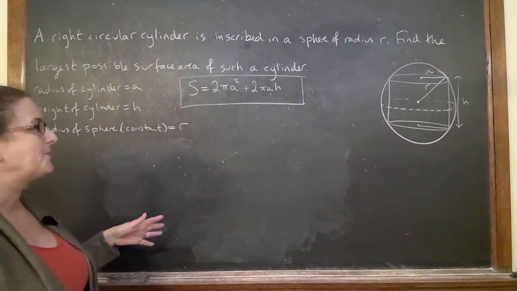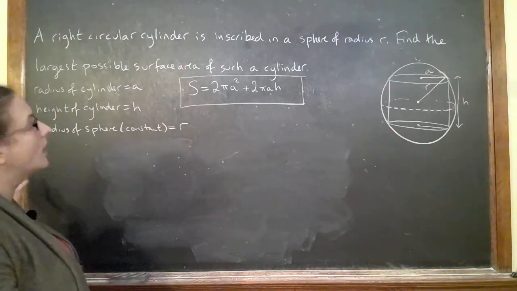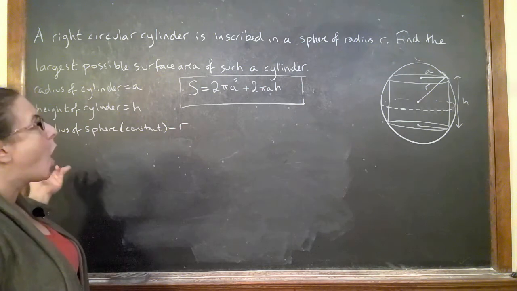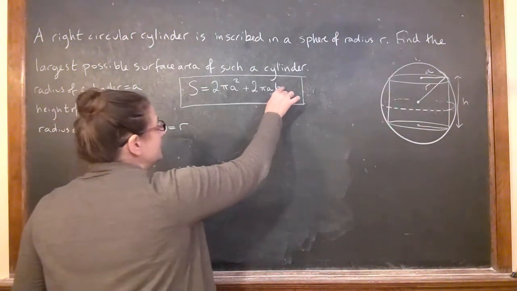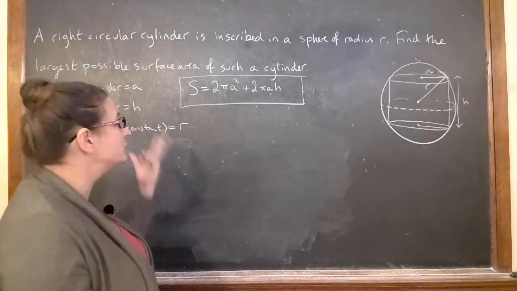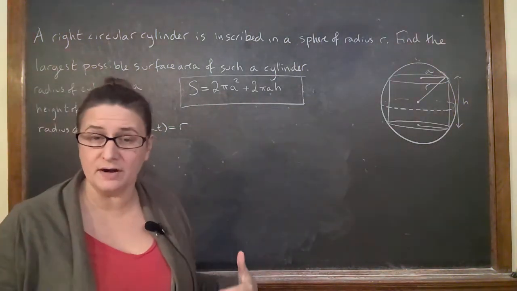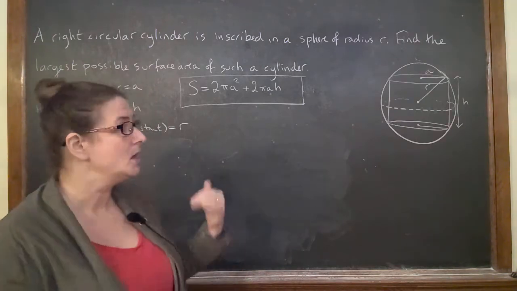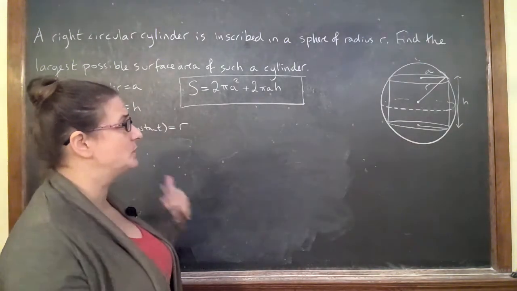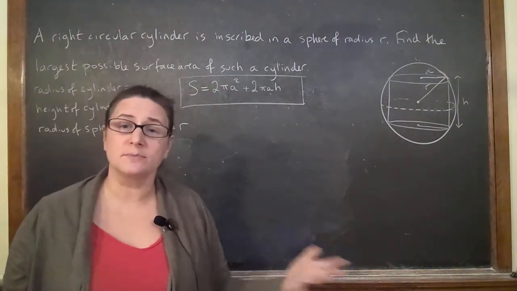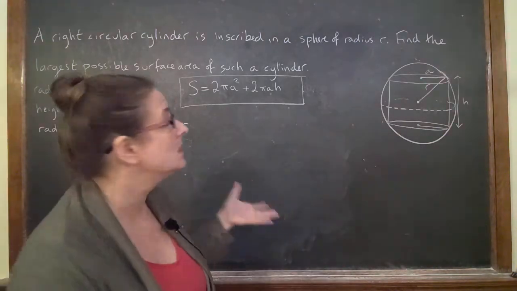So now what? Now I have to figure out how do I get R involved? Because what I need, as we've seen before, I have 2 variables. I've got A and H, and I need to take it down to 1 variable so I can take the derivative. So what's the relationship between A and H? So here comes the thing that it's inscribed in this sphere.